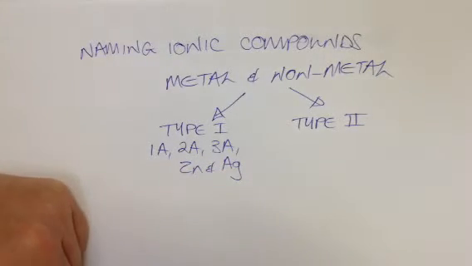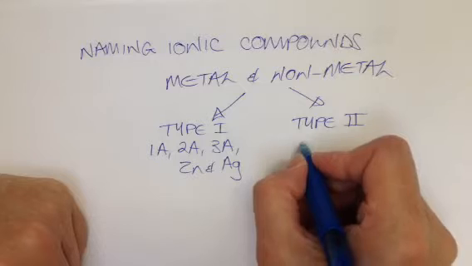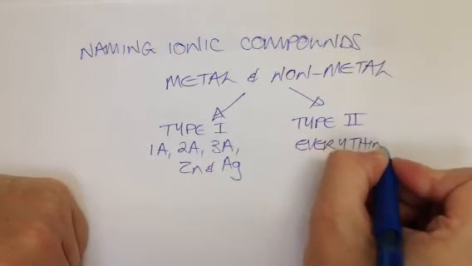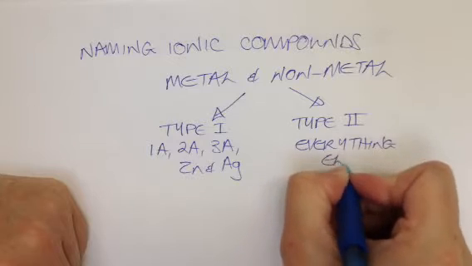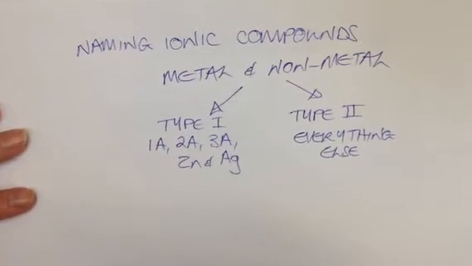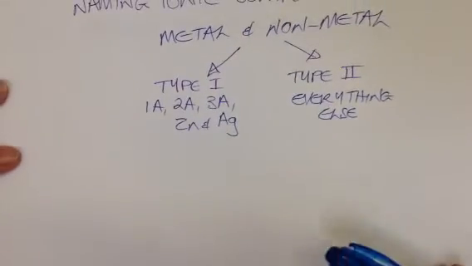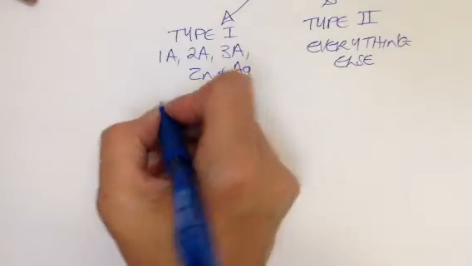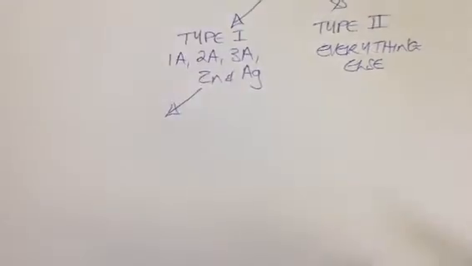The type 2 metals are everything else. All of the other metals, the ones not in group 1A, 2A, 3A, zinc, and silver. So, if it is a type 1 ionic compound, it is very simple to name those compounds.